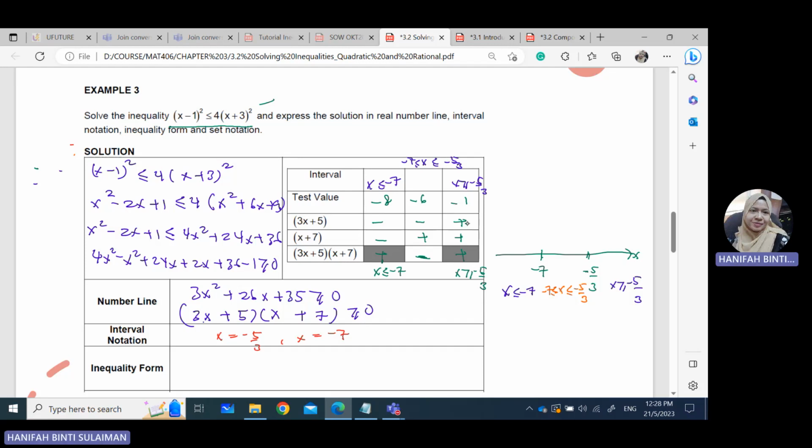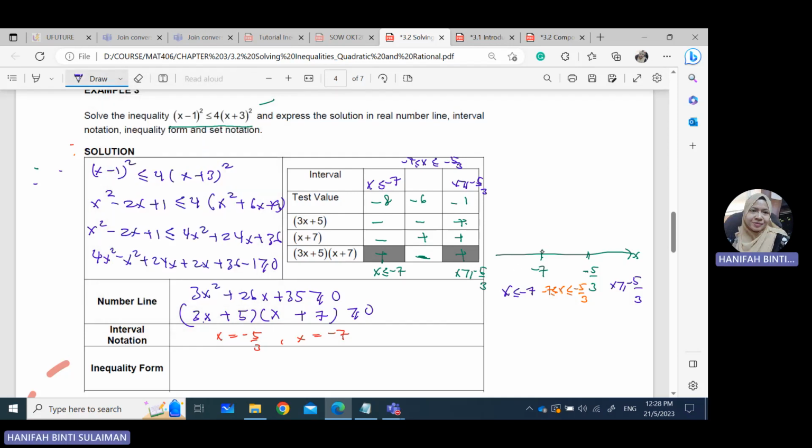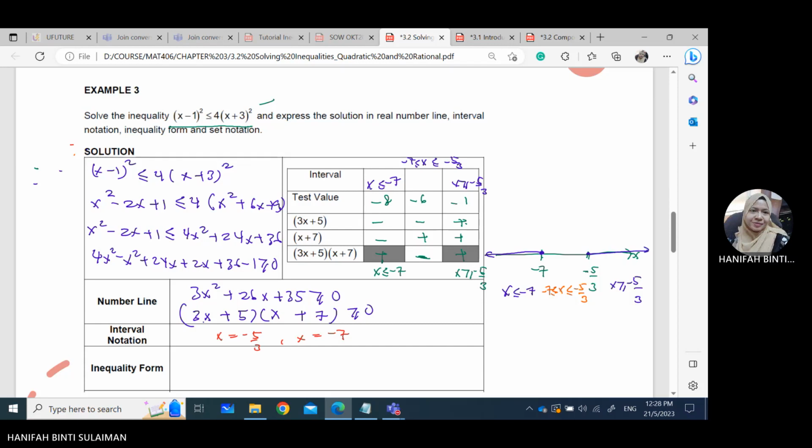So untuk number line, the values of x is this area and this area. Ada soalan?